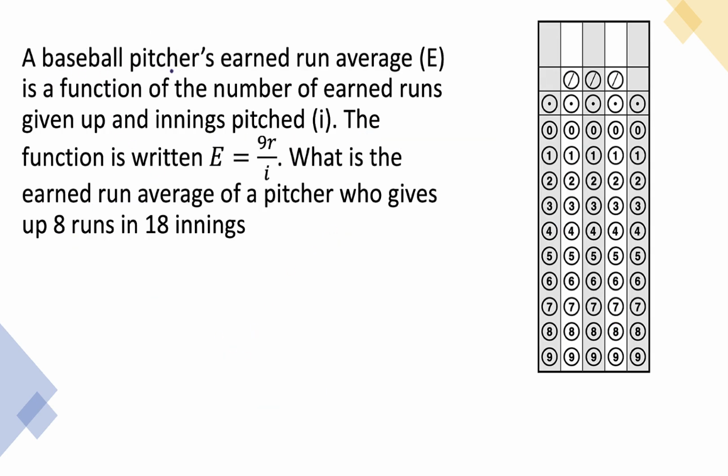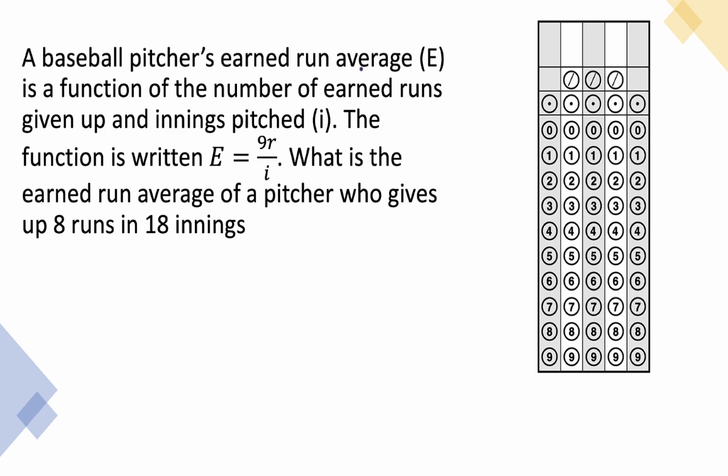It says a baseball pitcher's earned run average E is a function of the number of earned runs given up R and innings pitched I. The function is written E equals 9R over I. What is the earned run average of a pitcher who gives up 8 runs in 18 innings?